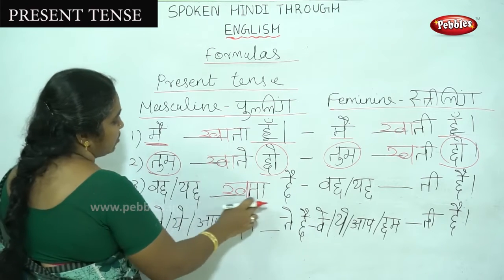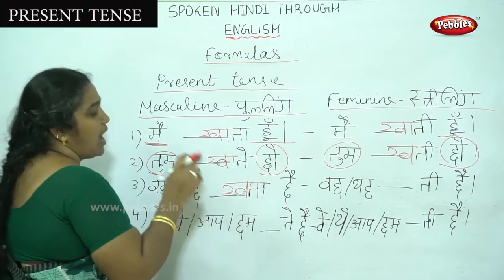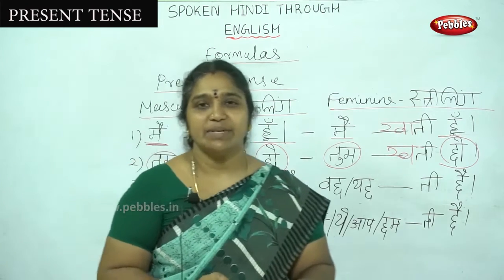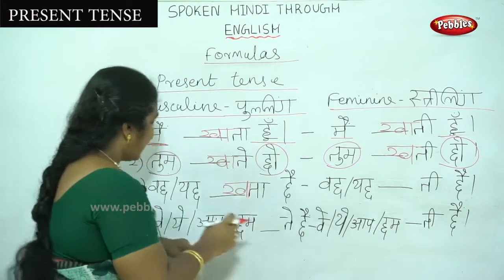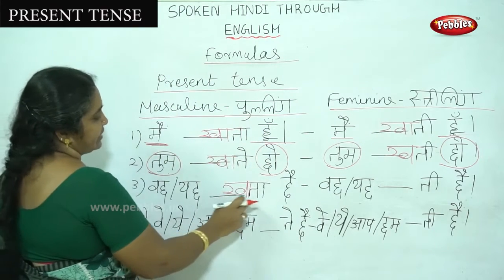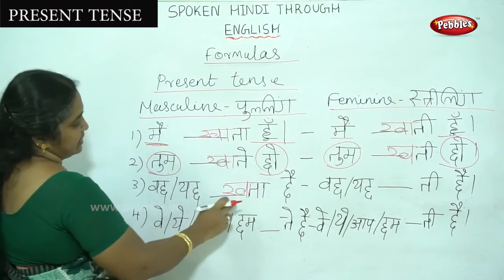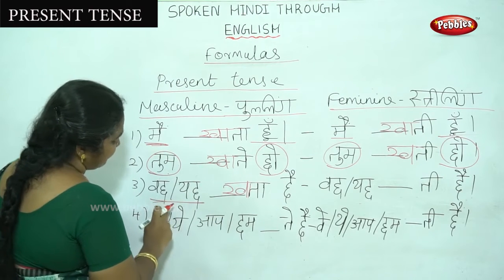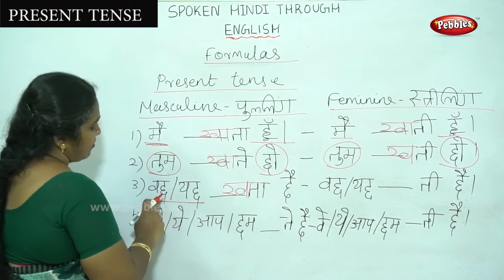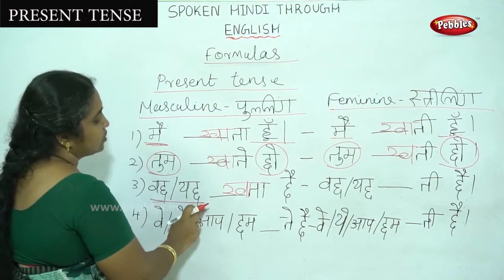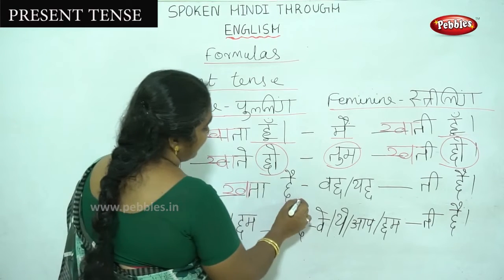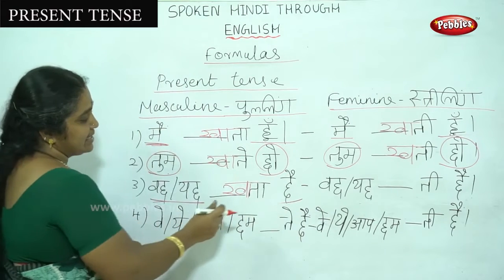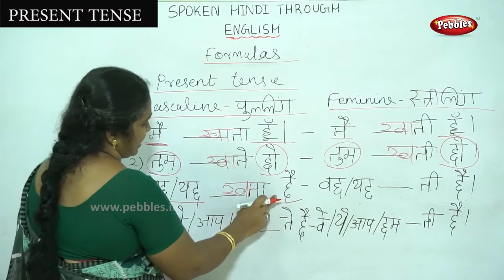Masculine means we have to end the verb in the आ sound. So here we can see, if the sentence starts with वह, यह, we have to end the sentence with है.